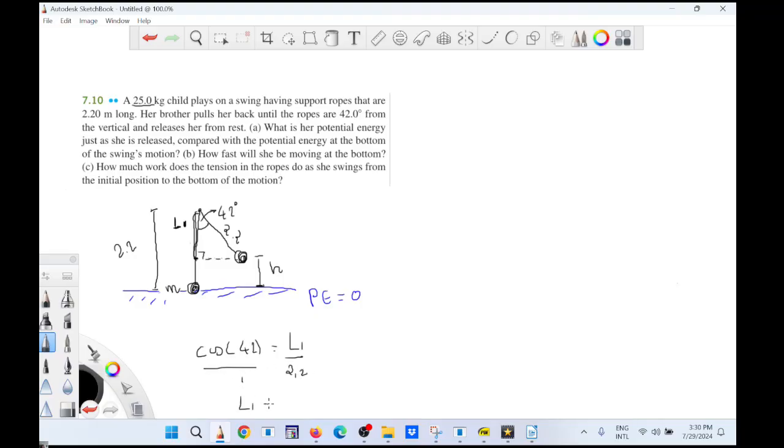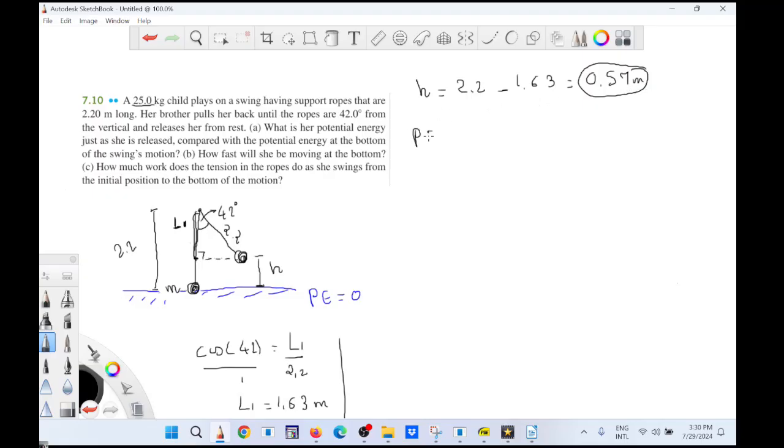So L1, if you do that, you get 1.63 meters. So it means that the height will be 2.2 minus 1.63. So you're going to get 0.57 meters, about 50 centimeters or so.